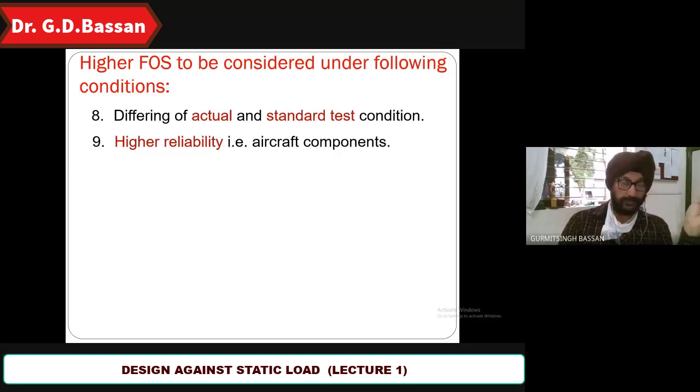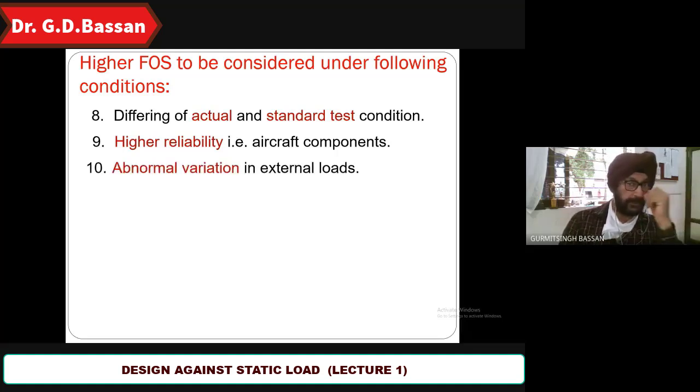As you know, we have already discussed this for taking the low or higher factor of safety. Then abnormal variations in external load. In normal conditions it's okay, but external load will change abnormally in certain conditions. Then for that component, we have to consider the higher factor of safety.